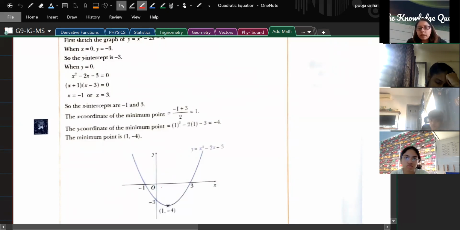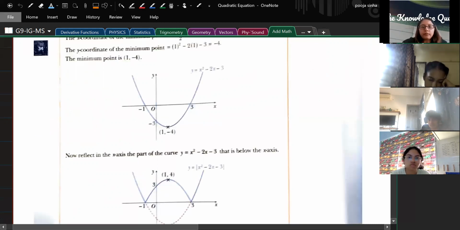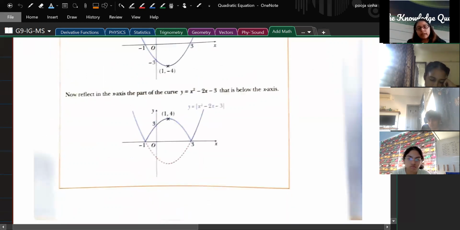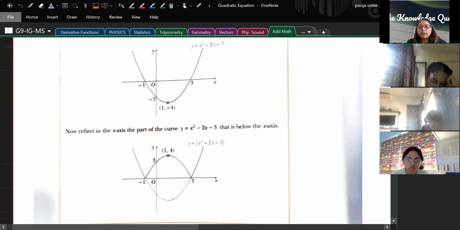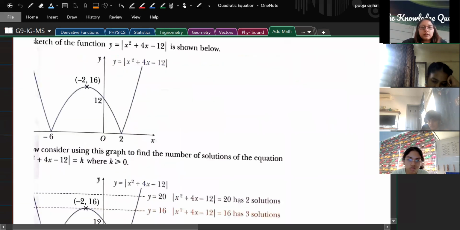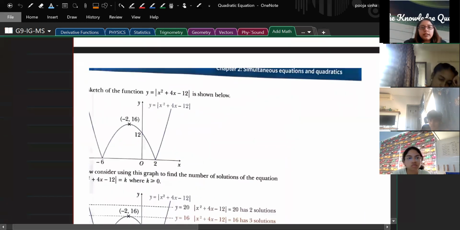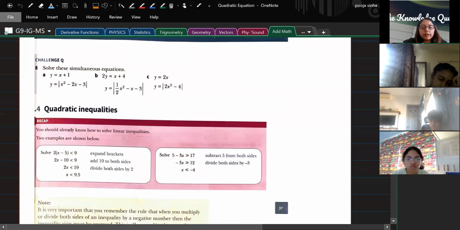This part is below, so reflect it upwards like this. Minus 1, 4 will become 1, 4. Everything else is the same, minus 1 as it is. Only this point will come up. Clear? So it's easy to do, right? Yeah, this is easy.